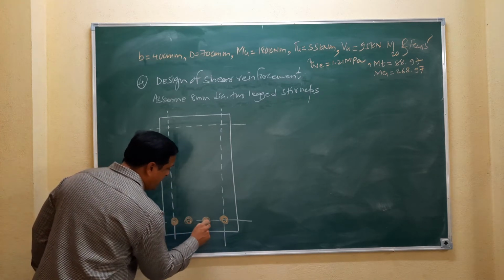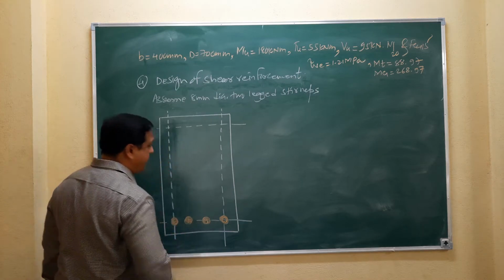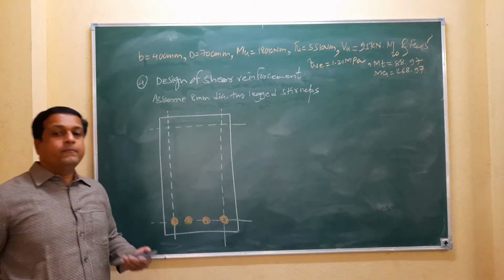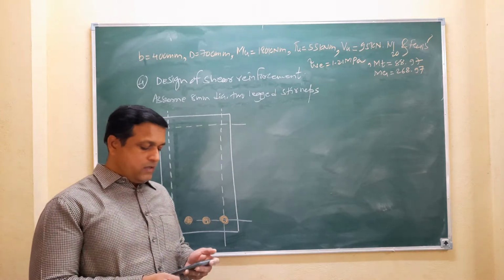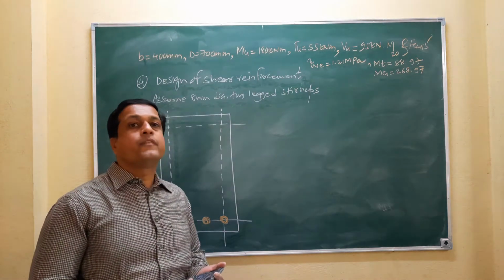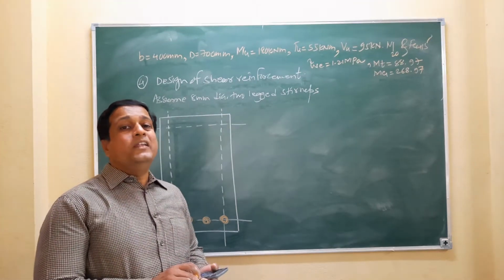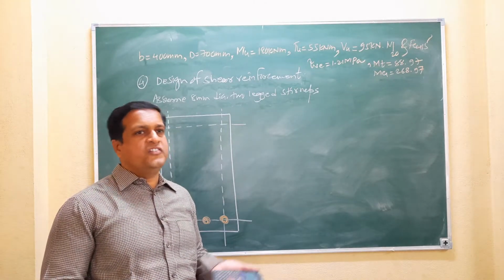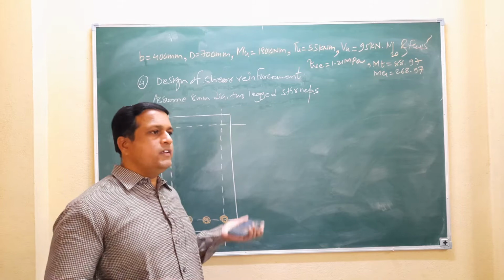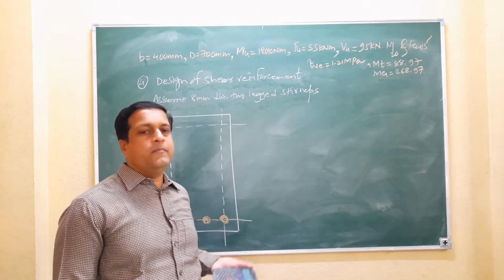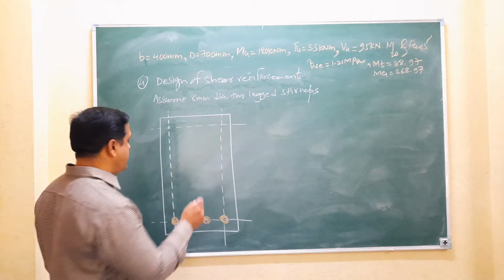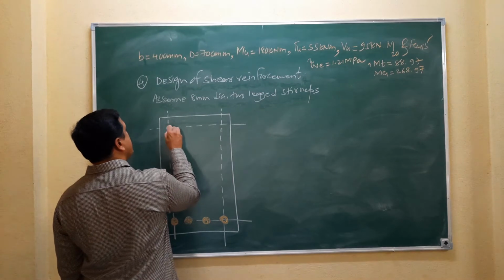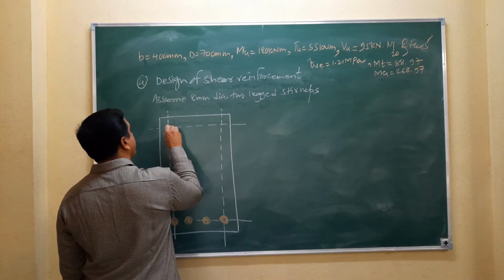Now at top, assume the nominal steel 20 mm, let it be, or 16 mm. But in the previous problem we assumed the same diameter, so now I am changing the diameter. It will be 16 mm diameter, 2 bars.